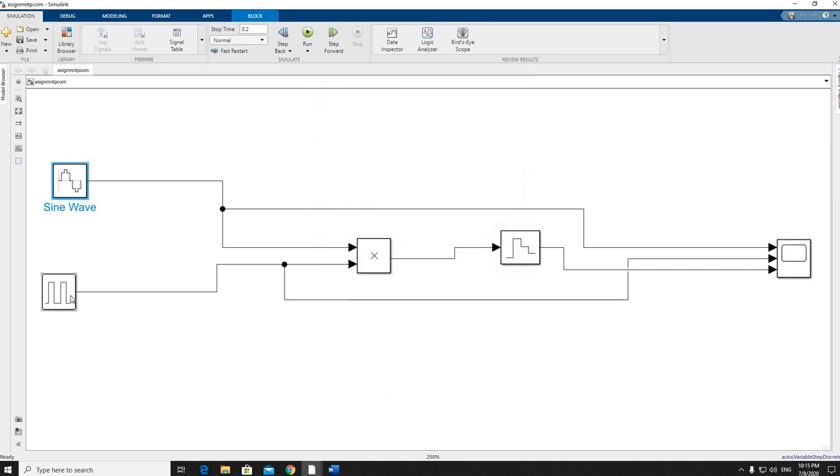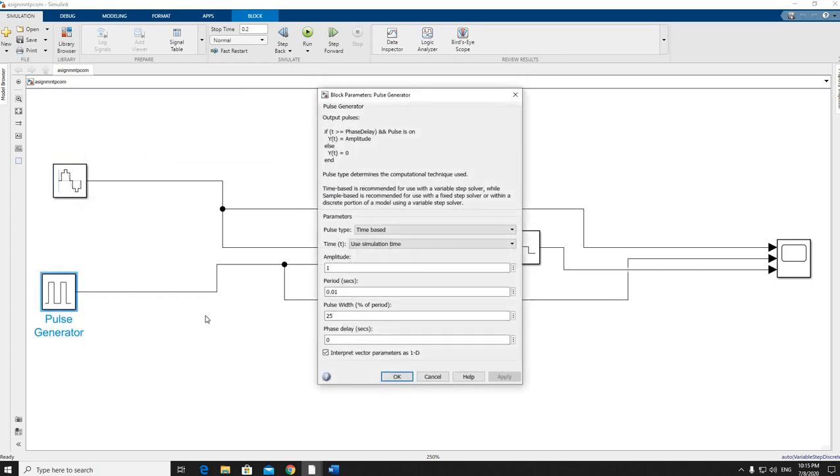Then this is the pulse wave, with amplitude 1, a period of 0.01, which is 100 hertz, and a pulse width of 20%.